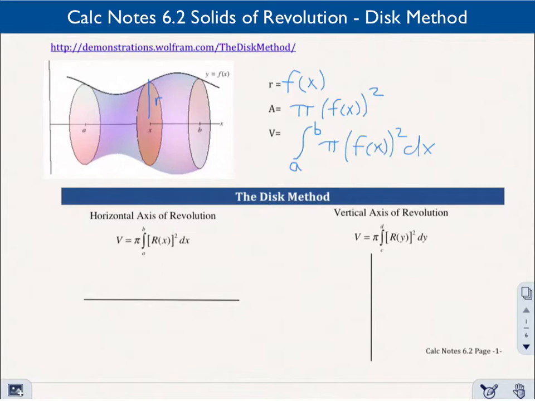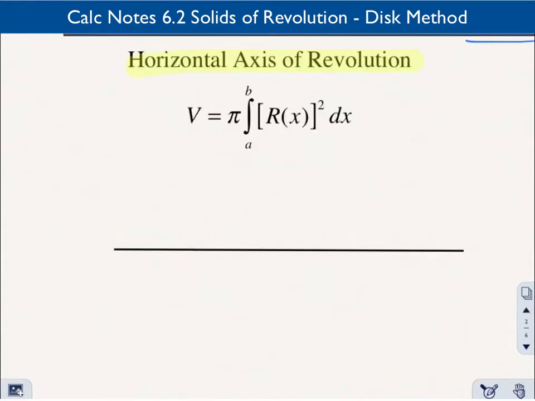Alright, so let's take a look at a formal definition of our disk method here. And we're going to start with the horizontal axis of revolution. So here you can see our horizontal axis. And let's go ahead and just draw some function here, kind of like this.